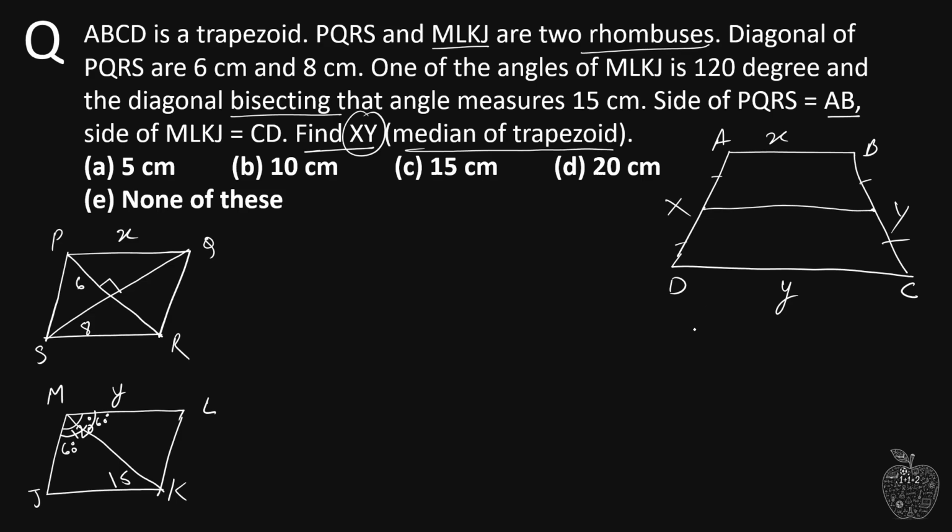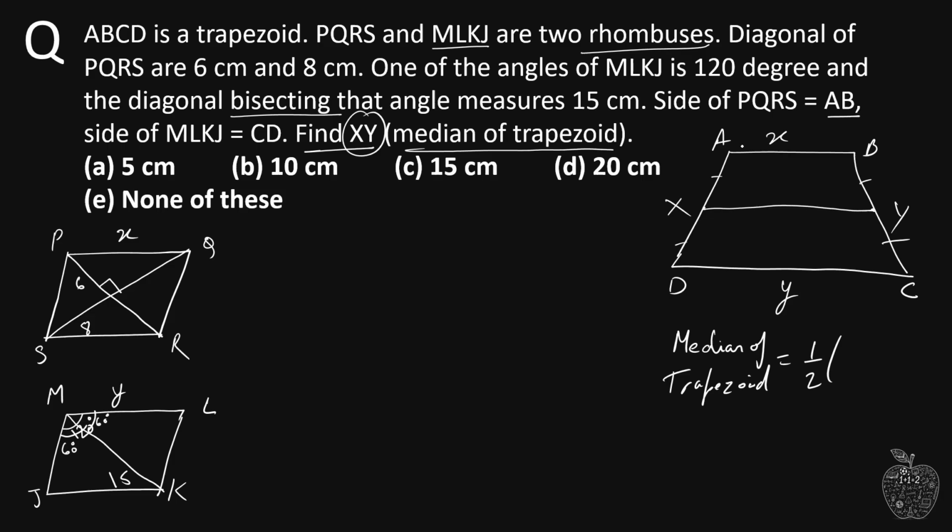All right, now one more formula that needs to be remembered here is the formula to calculate the median of a trapezoid. The formula is half of the sum of the lengths of the parallel sides.